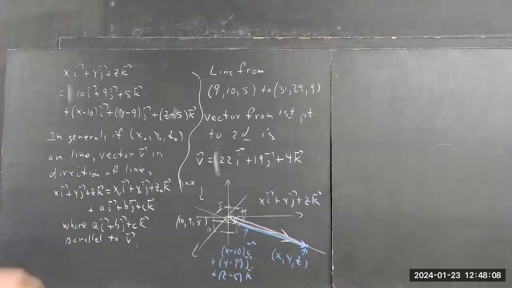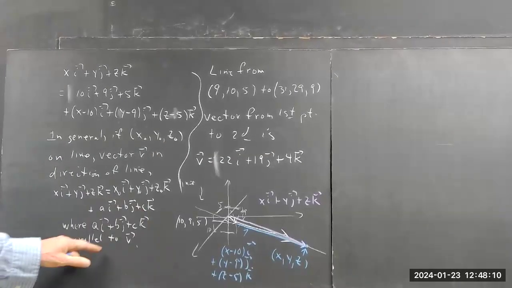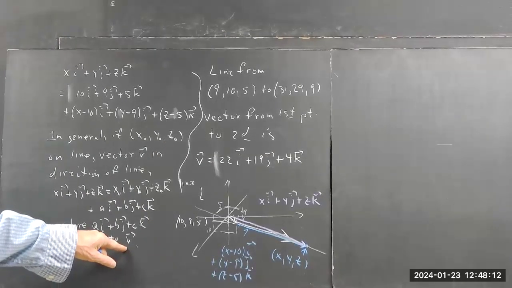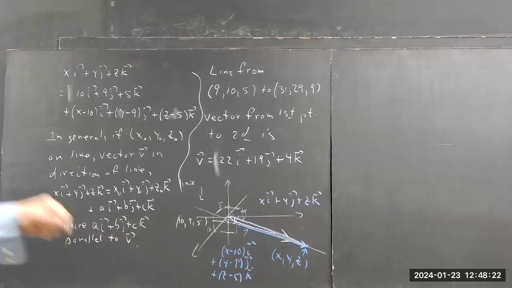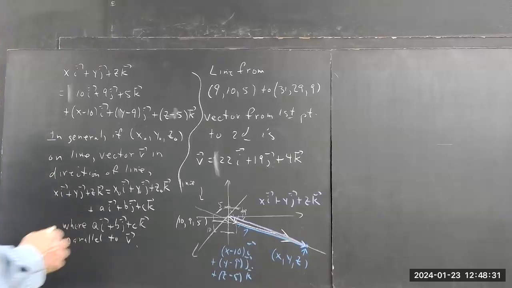And I'm gonna then say where this AI plus BJ plus CK vector is some multiple of V. That makes sense? This has to be a multiple of V. Yeah, I can think of a different way I could have written that, but that should be something you can see.